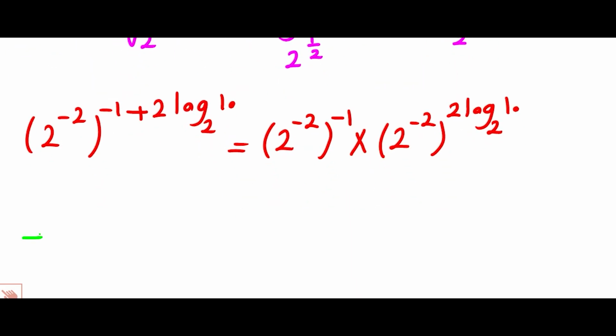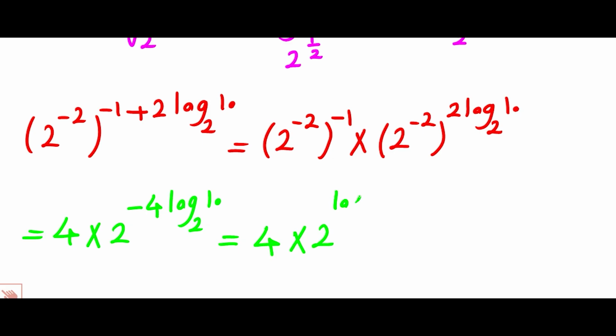So we have 2 to the power of -2 to the power of -1, which is -2 times -1, so +2. So 2 squared is 4, times 2 to the power of negative 2 times 2, which is negative 4 log base 2 of 10. So we have 4 times 2 to the power of log base 2 of 10 to the power of negative 4.